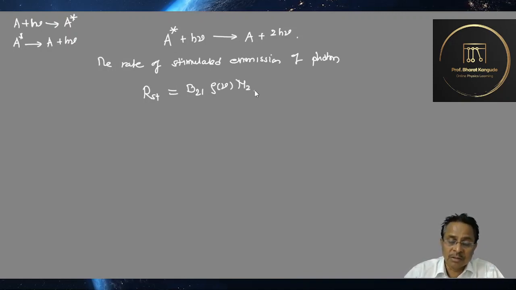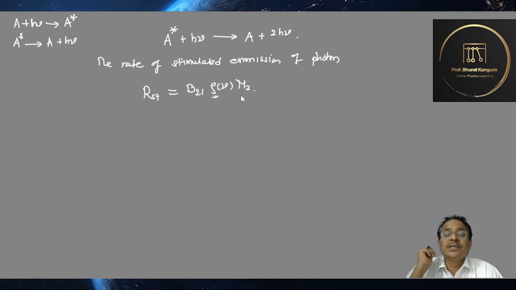It is a forced journey. That means this atom is forced to go from energy state 2 to energy state 1 with the help of this incident photon, that is rho nu, the intensity of that, and N2 is the population of this particular state, E2.